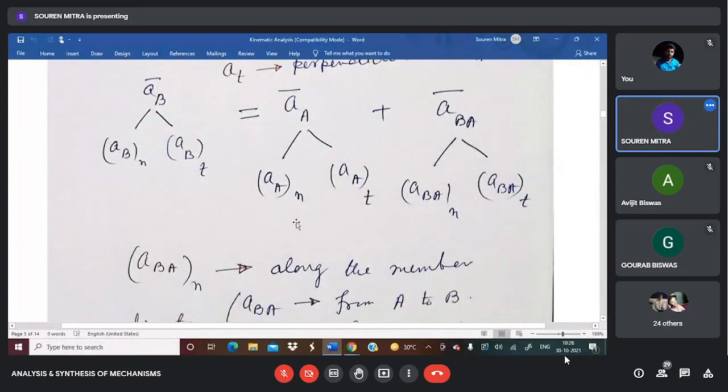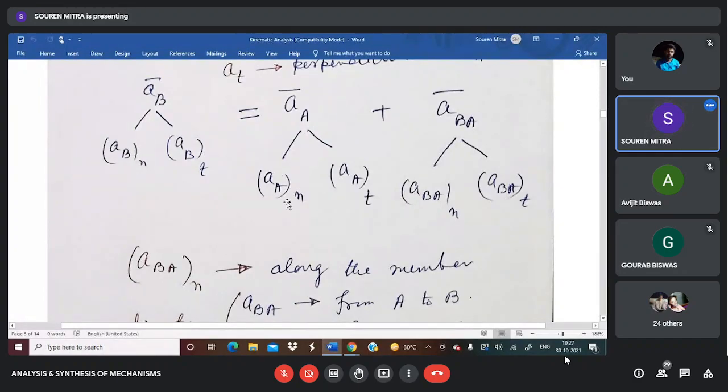But one thing that is helpful for making this analysis is that all normal accelerations are directed towards the center of rotation. So if we know the link where point B is, and its center of rotation, we know that the direction of this component of acceleration will be towards the center of rotation of the link.